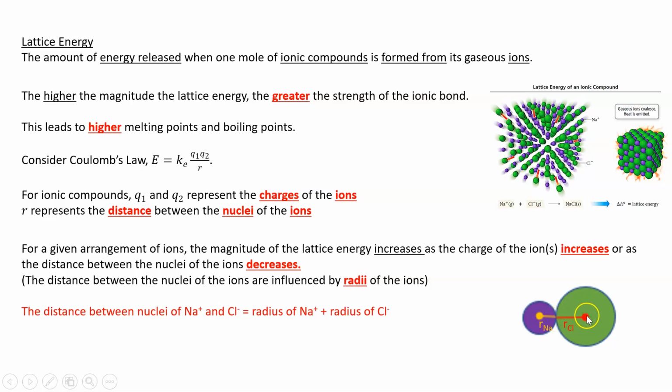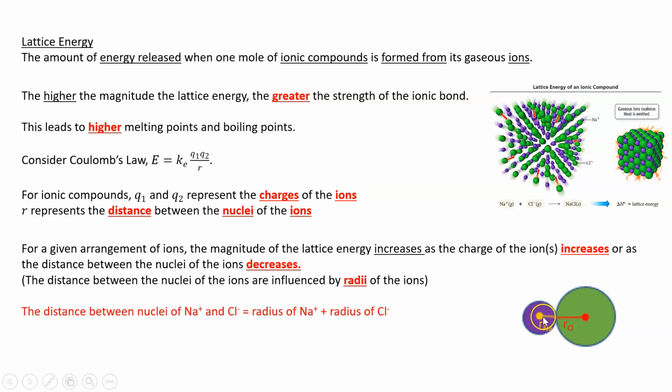The radius of chlorine is the distance from the center of the atom to the edge of the ion's electron cloud. And then for sodium, same thing, from the center to the edge of its electron cloud.